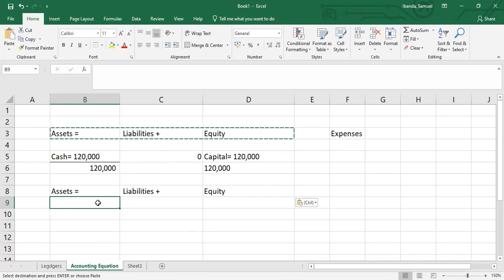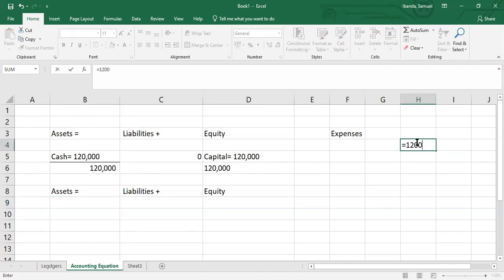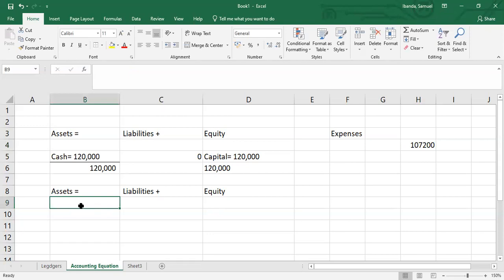Yes, it does, because you're paying rent worth 12,800. So your cash that was 120,000 will now reduce by 12,800, so your cash will now be 107,200.